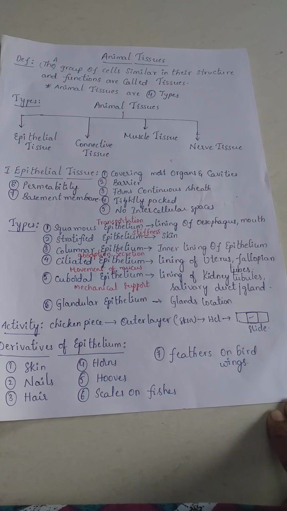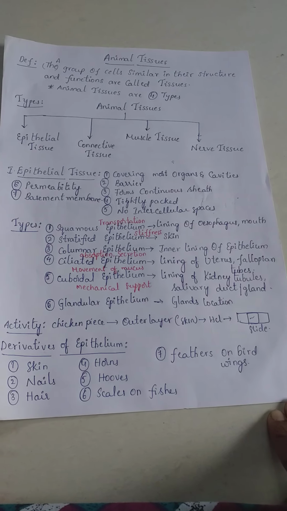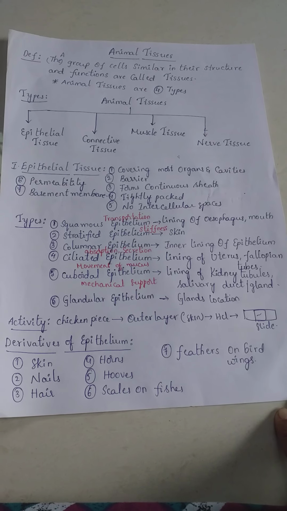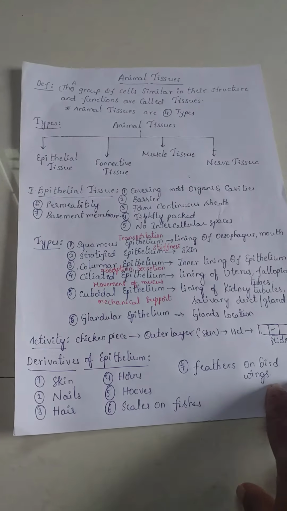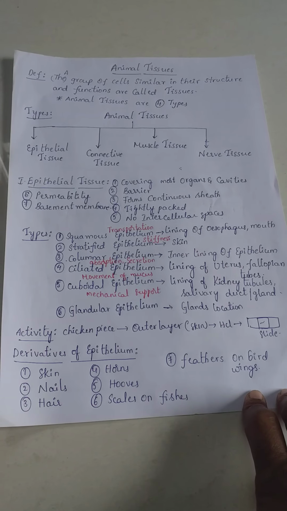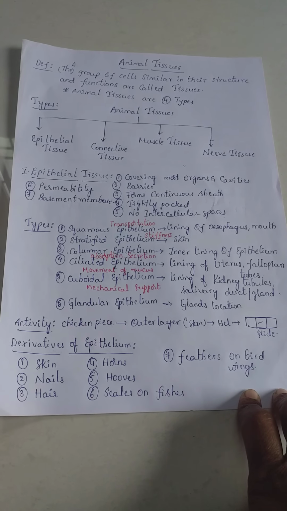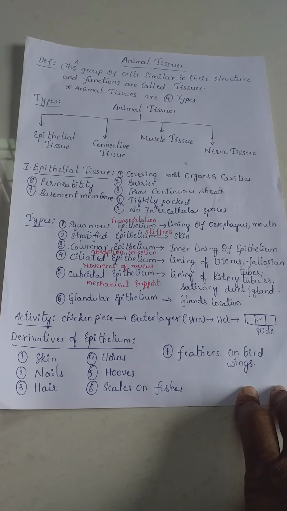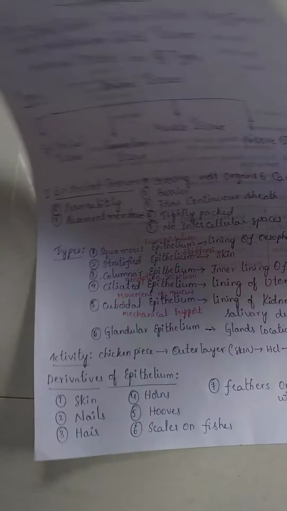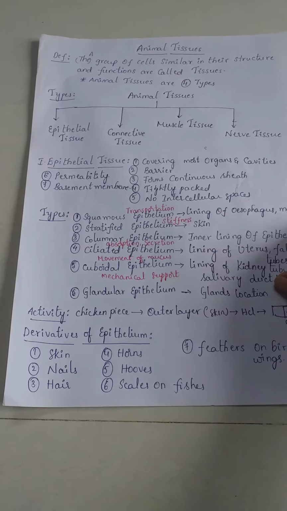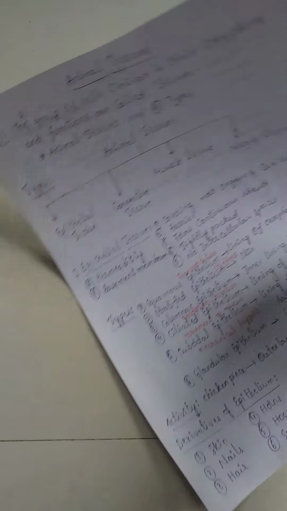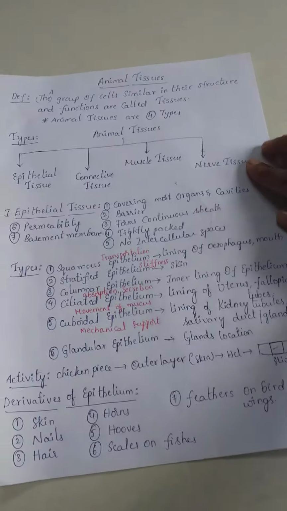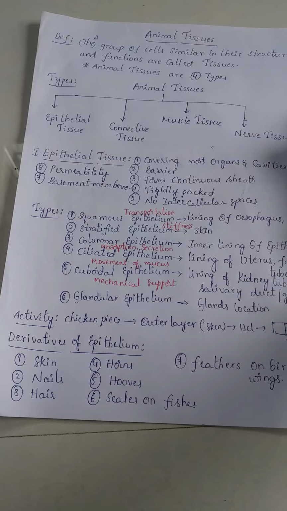Next, they form a continuous sheath on the organs or lining of the organs, and they allow permeability, meaning they perform the exchange of materials from one organ to another or one tissue to another, between different body parts, and also between body parts and the external environment. That is how it functions.